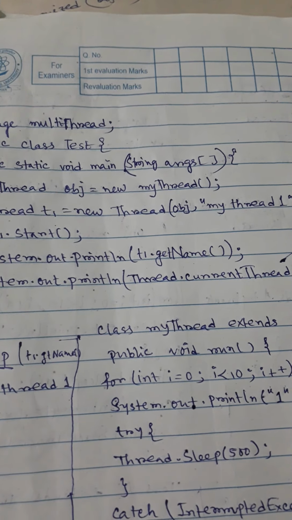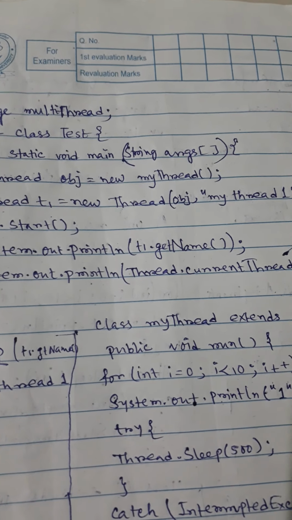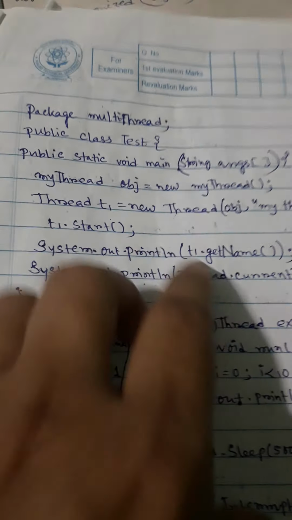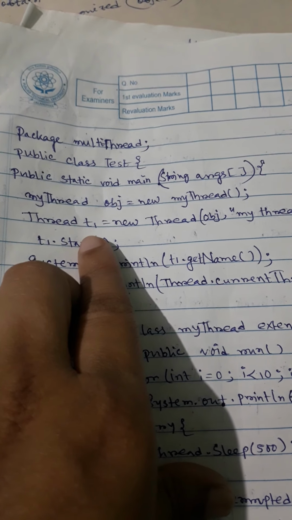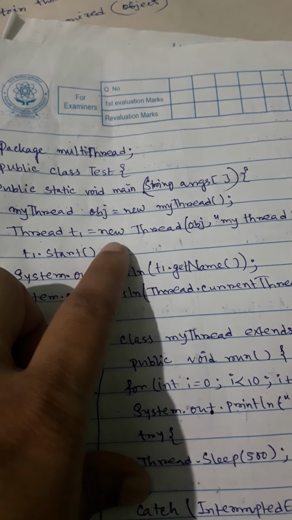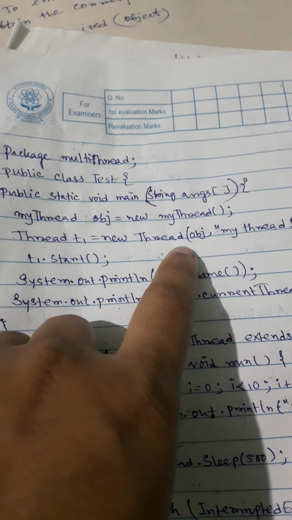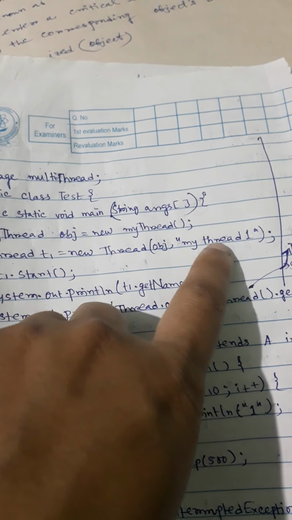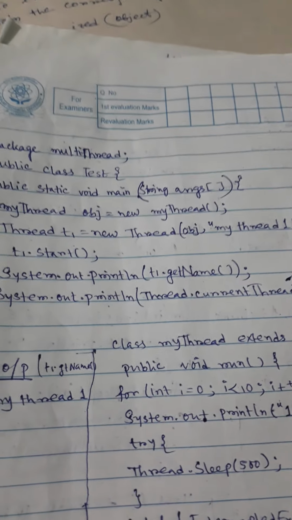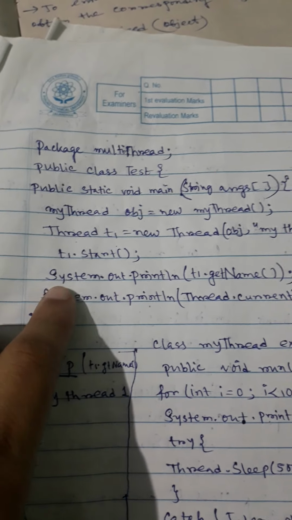Now I want to say that the getName method prints the name of the externally created thread. Here Thread is the class, t1 is the object, and MyThread1 is a message or printing argument passed.